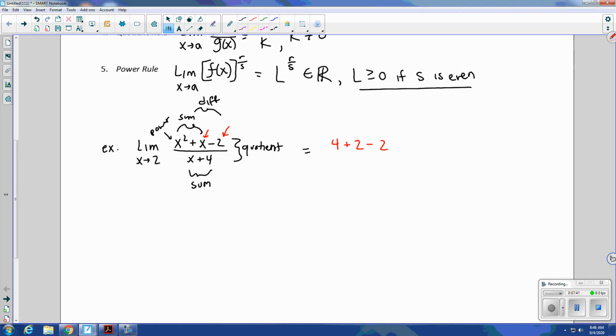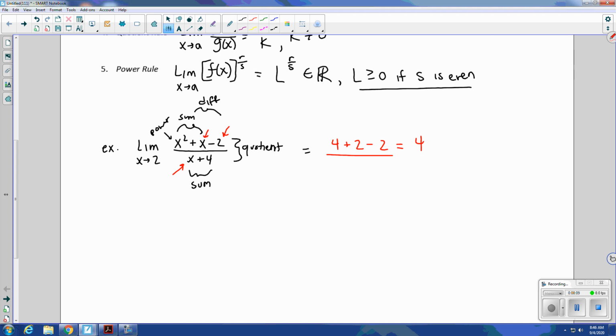And then, based on our sum and difference rules, again, the limit of a sum or difference is equal to the sum or difference of the limits. So we can just clean this up with basic arithmetic, and we'll reveal that the numerator is just 4. Now, what about the denominator? Well, let's look at this. We just have x. Again, the limit of just the identity function as x approaches some number is whatever number x is approaching.